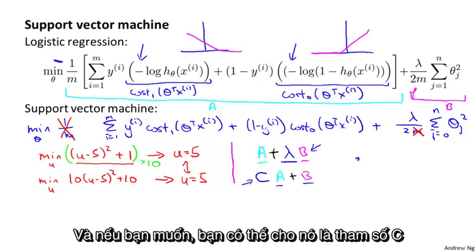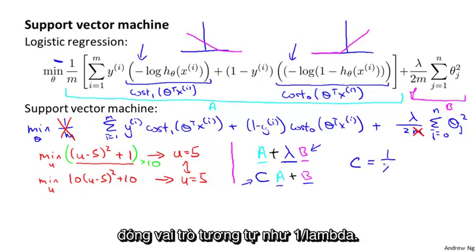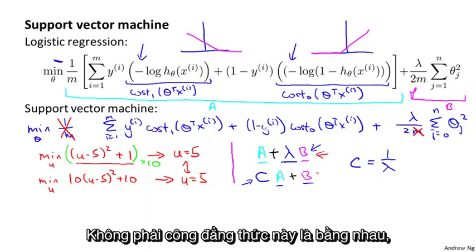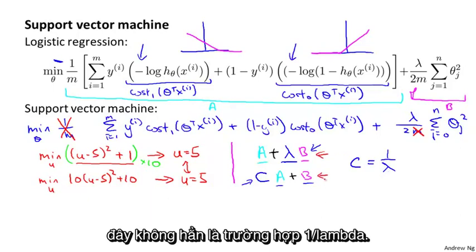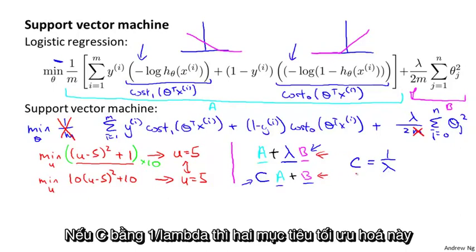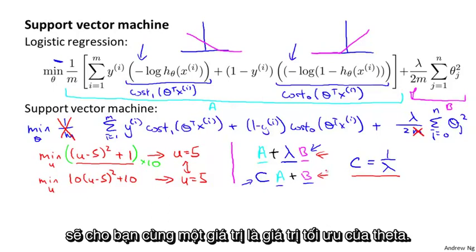You can think of the parameter C as playing a role similar to 1 over lambda. It's not that these two expressions will be equal if C equals 1 over lambda, but rather that if C is equal to 1 over lambda, then these two optimization objectives should give you the same optimal value for theta.